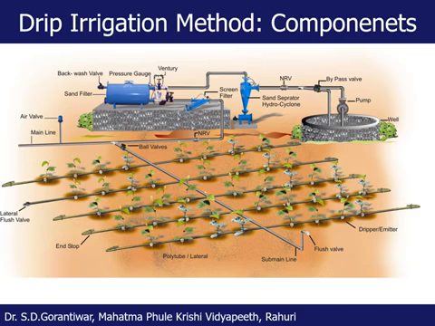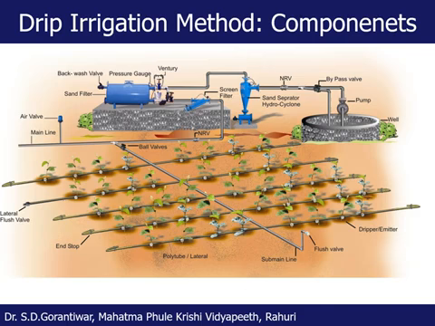This subunit is towards the right hand side, so there could be one subunit towards the left hand side, and several such subunits, and each subunit has one ball valve at the head of its submain. This ball valve will control the flow of water. Say, for the purpose of our presentation, let us consider that there are 4 such subunits, which means there will be 4 such ball valves.